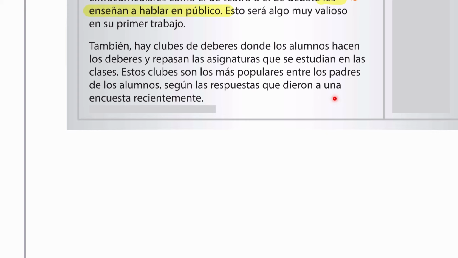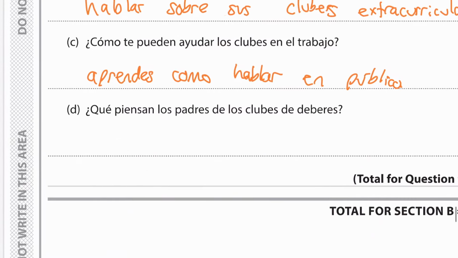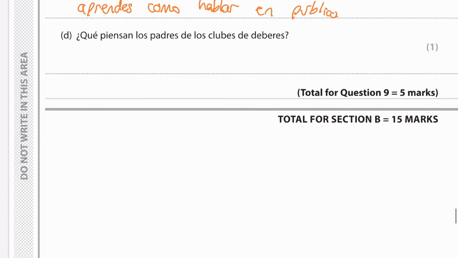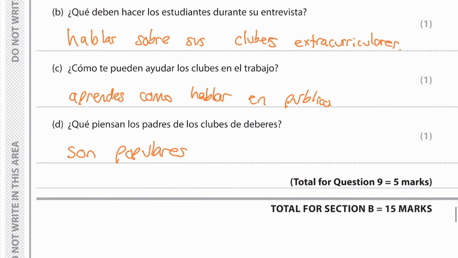So students probably hate this club, but parents enjoy it. It's the most popular among parents. I was going to say, it's popular. Yeah, it's popular. Let's just say son populares. ¿Qué piensan? Son populares entre los padres.